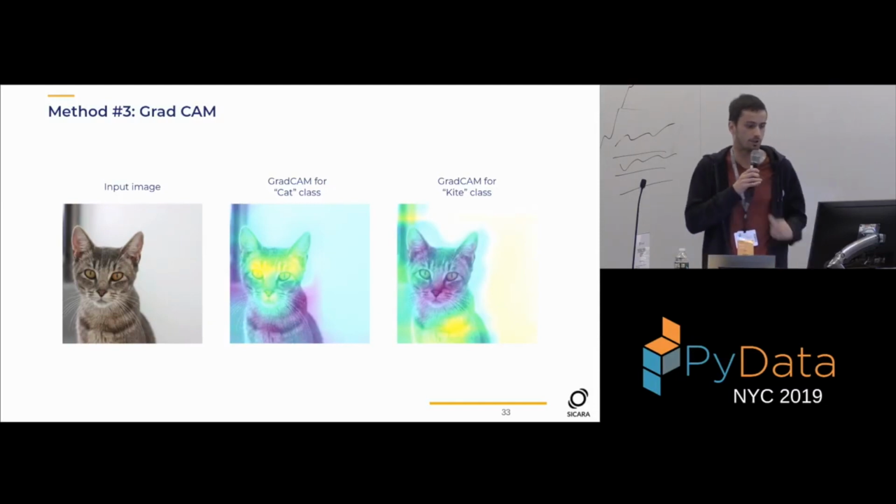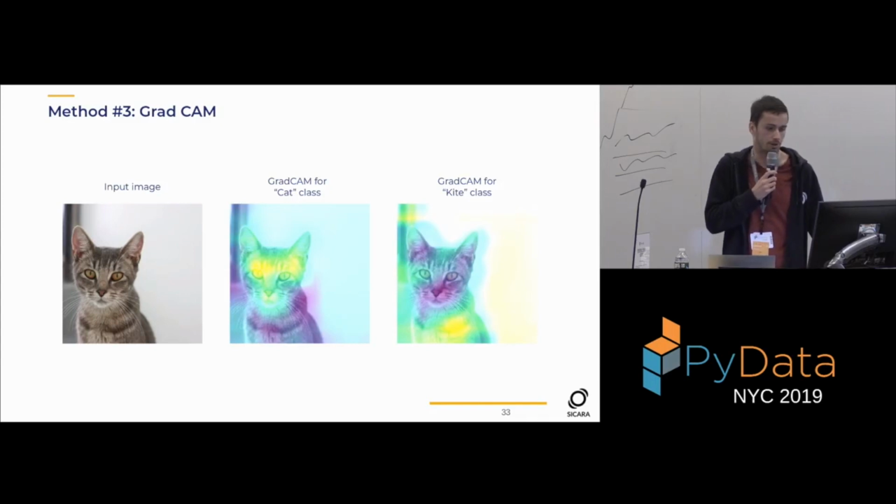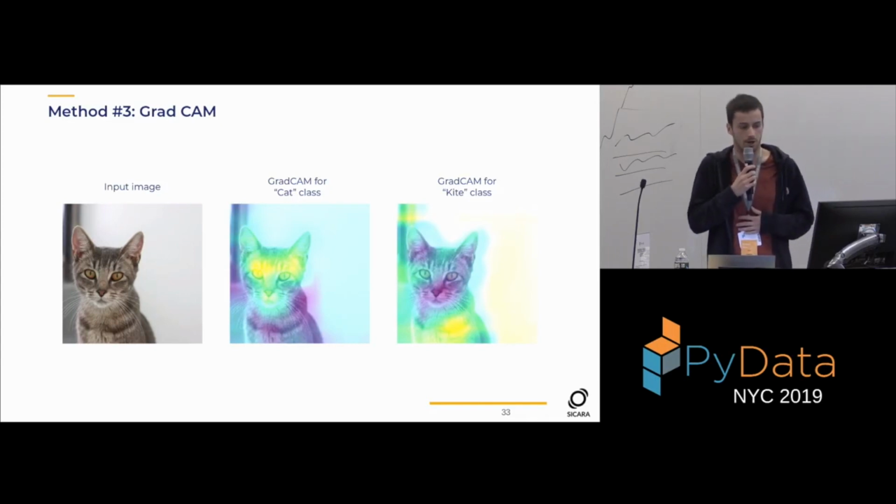And that's why I consider it to be one of the best options right now. It's pretty effective, because you do not have to backpropagate through the whole model. You only have to backpropagate to the last convolutions, and you have outputs that really respect this label check, which means that when you observe the output for the cat, it really is different from the kite class.